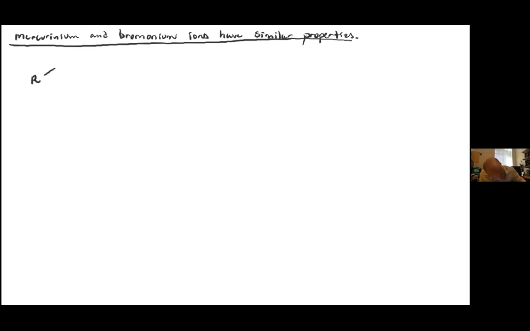So we can generalize that by just putting an X group there. There are 3 atoms involved and then 4 electrons. The 4 electrons I'm referring to are the 2 electrons here and the 2 electrons there. And so the mercurinium and bromonium ions are specific examples of this type of system. So you can just redraw those here.